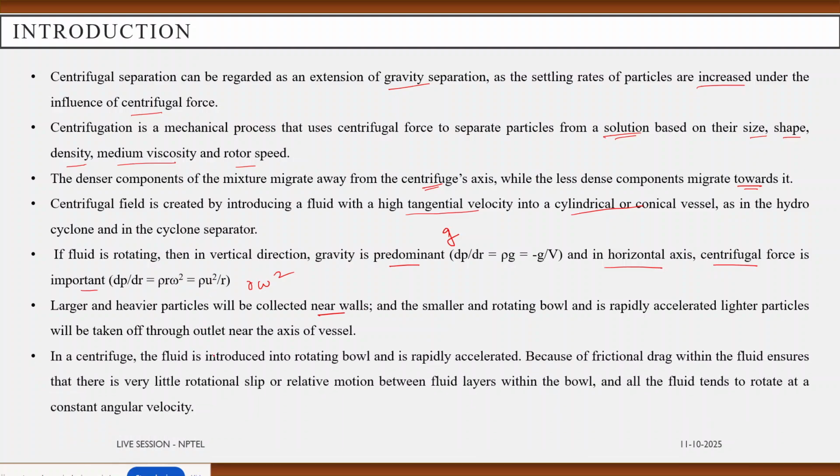In a centrifuge, the fluid is introduced into a rotating bowl and is rapidly accelerated.